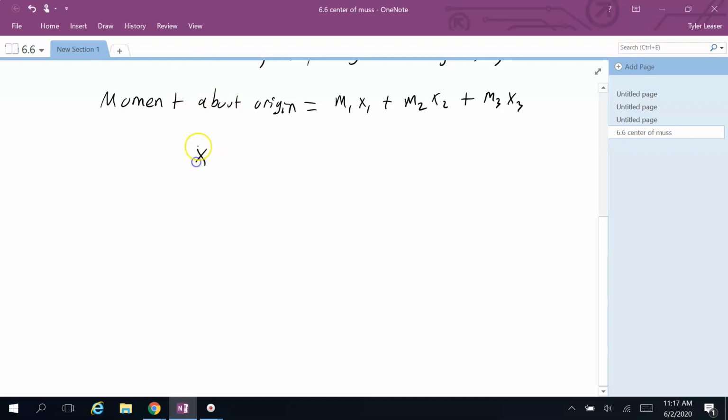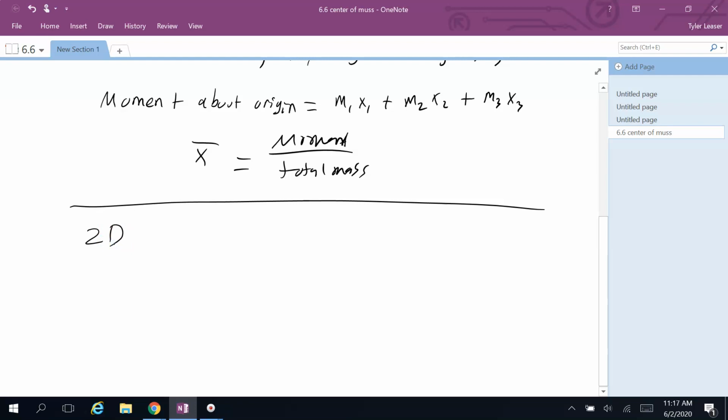The center of mass we always label with a bar over the top of it. And in this instance, it would be this moment that we would have all divided by the total mass. And that's going to be a pretty common way of finding the center of mass of a system here. So this is just a one-dimensional case. We're going to jump into a two-dimensional case now.